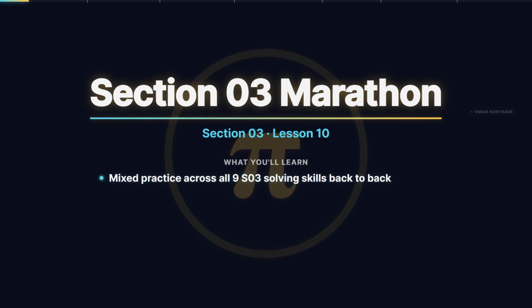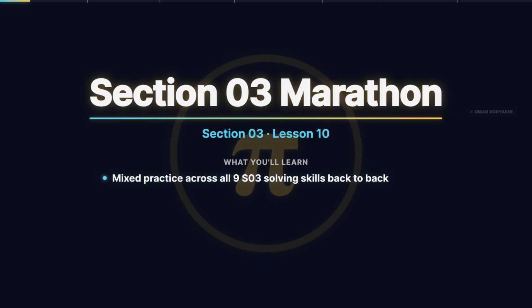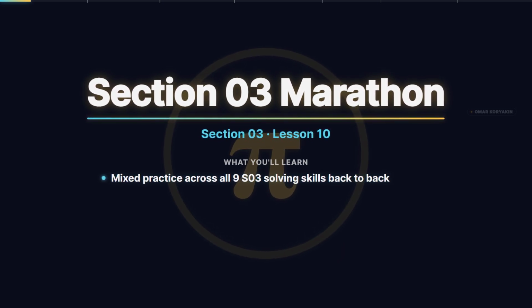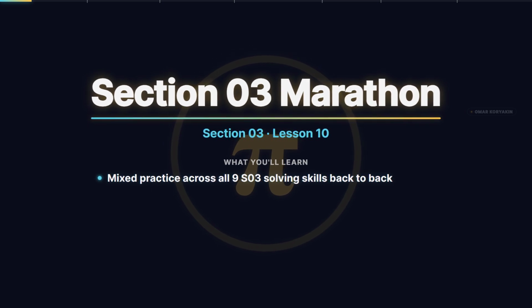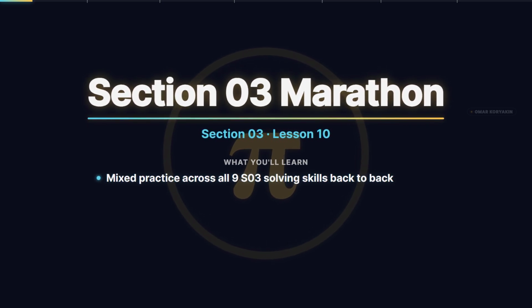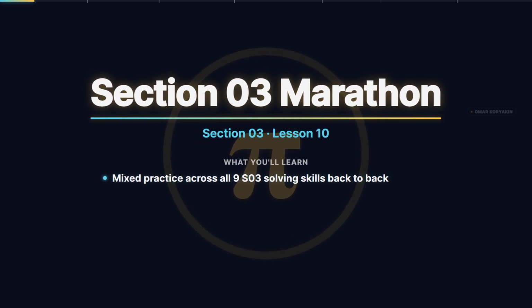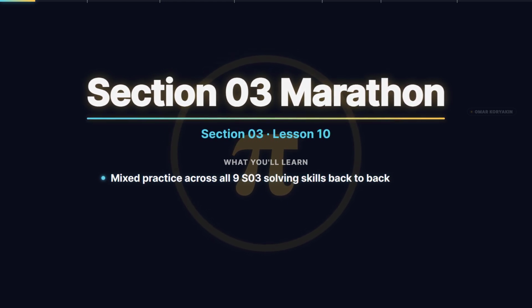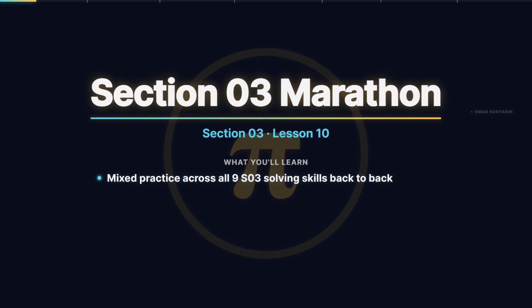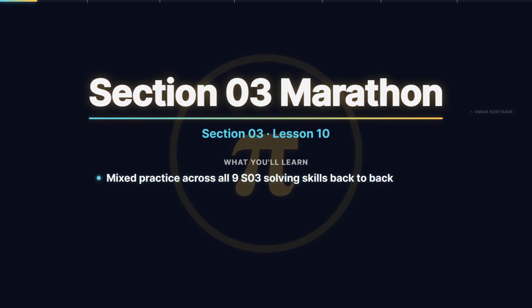First idea on the board: mixed practice exposes the soft spots in your skill set in a way that single topic drills never can. When every problem in a homework set is a 2-step equation, you settle into a rhythm and your reflexes carry you through even when you do not really understand the rules deeply.